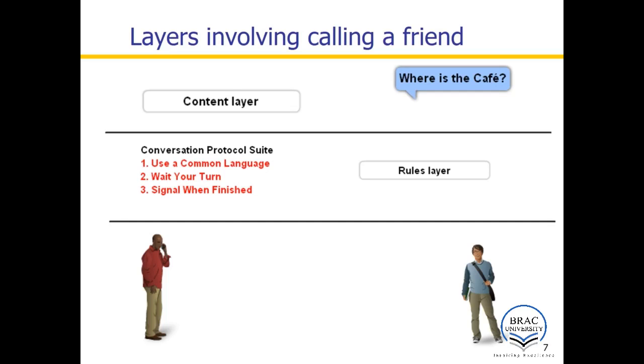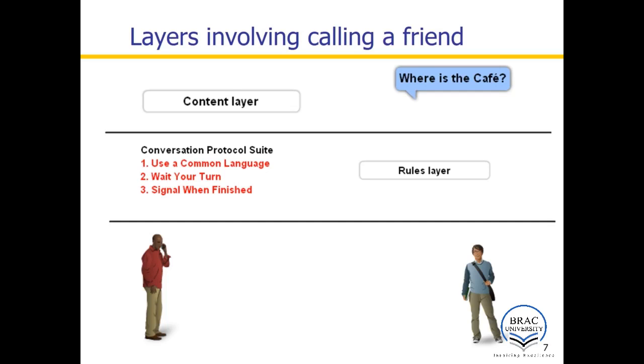The second rule here is basically wait your turn. In a normal communication, when we communicate from one person to another, we basically wait for our turn. If a person is speaking, we should wait before we can speak, right? So here also it is considered as a rule for communication.